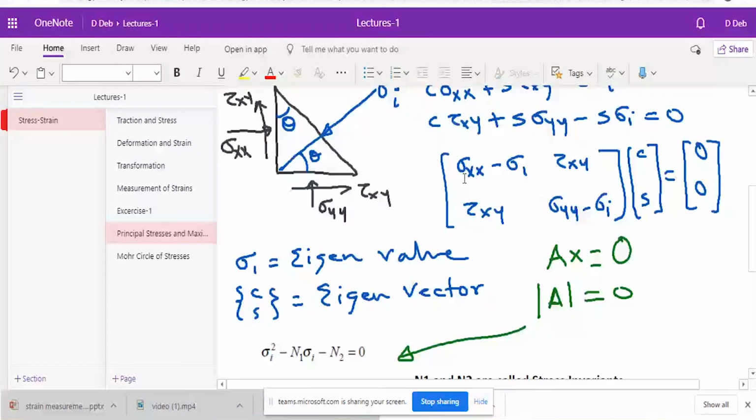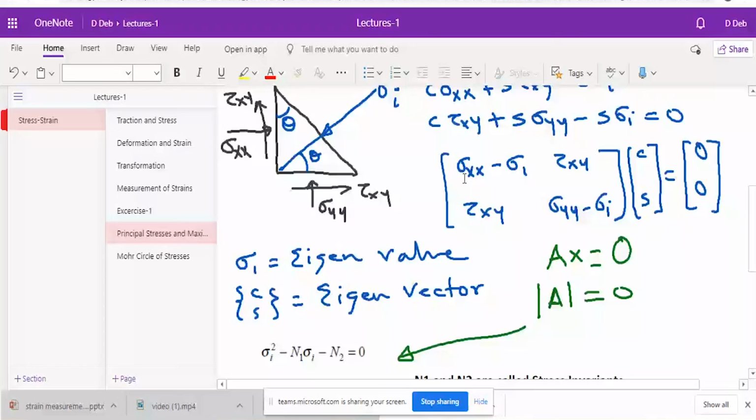Now you will see two values of theta. Why two values of theta? Because the other one is 180 degrees apart, because we have two surfaces, right? One on the right side, one on the left side where sigma x is acting. So it can be in either direction.